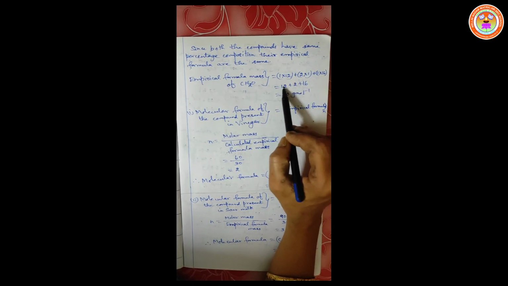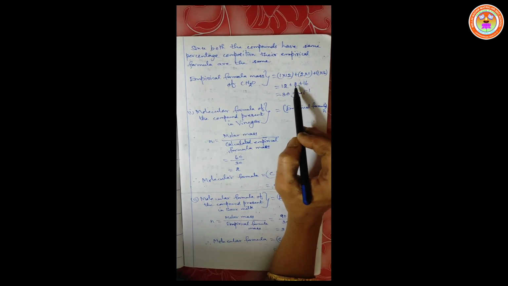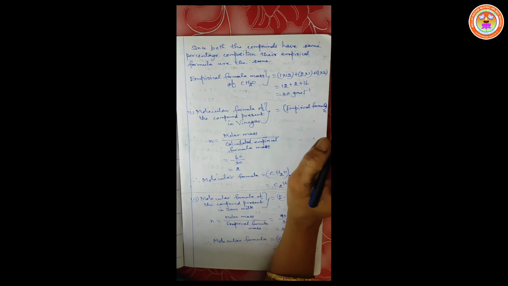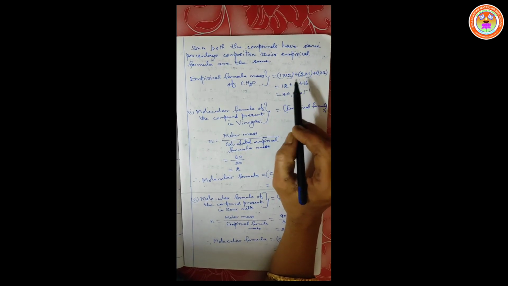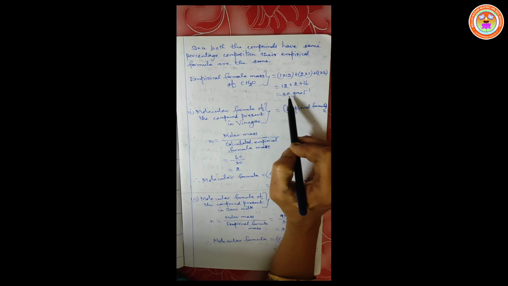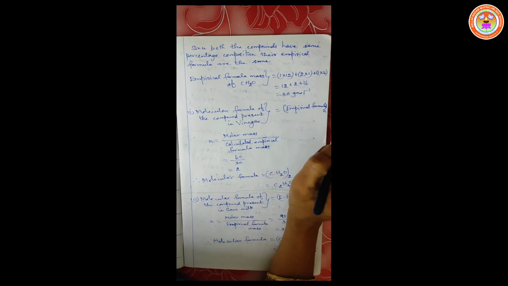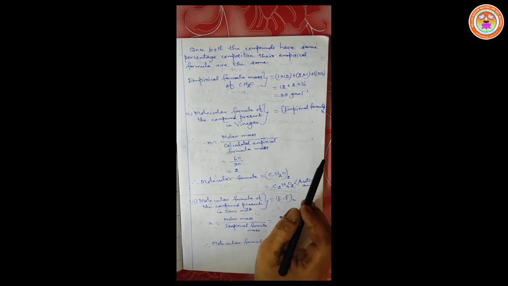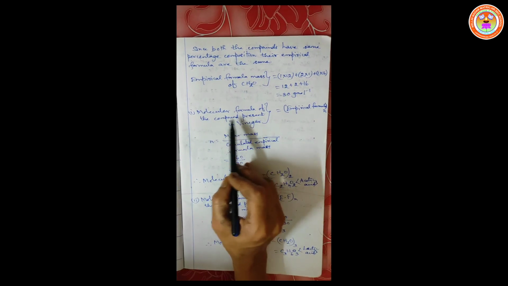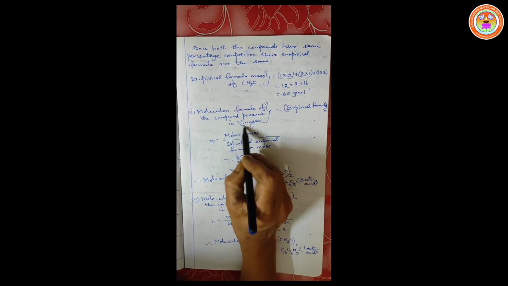So 12, then 2, then 16. If you sum up, the empirical formula mass is 30 gram per mole. Now we can calculate the molecular formula of the compound present in vinegar.